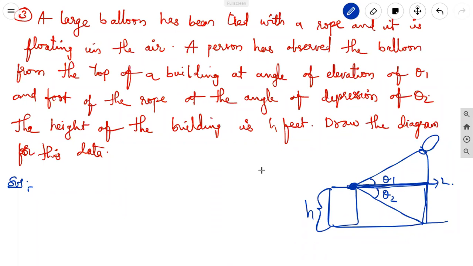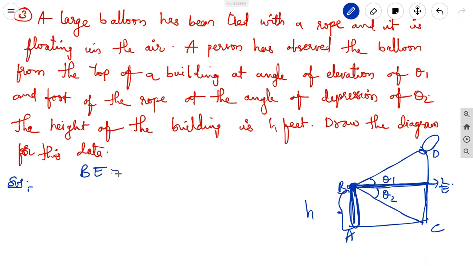Here, this is the building height. Suppose we take AB as the height of the building, CD as the height of the balloon, and E on the horizontal line. Here BE is the horizontal line.